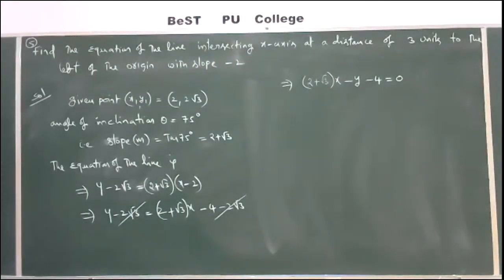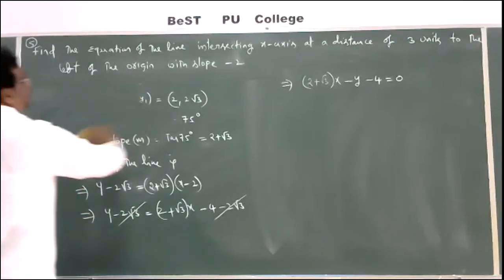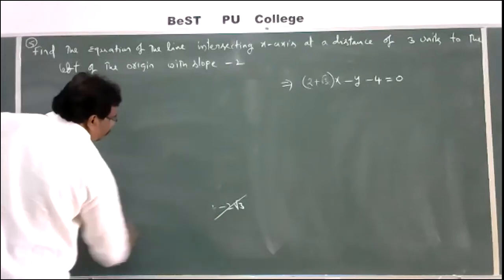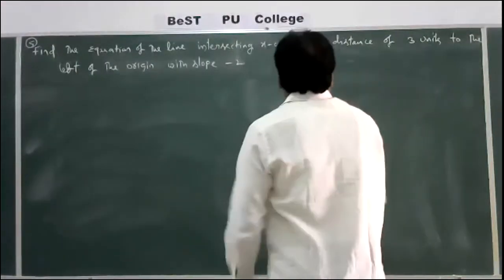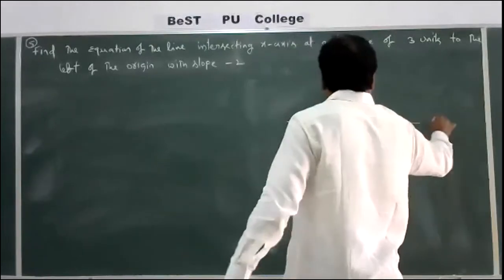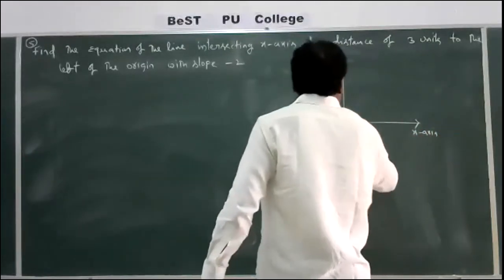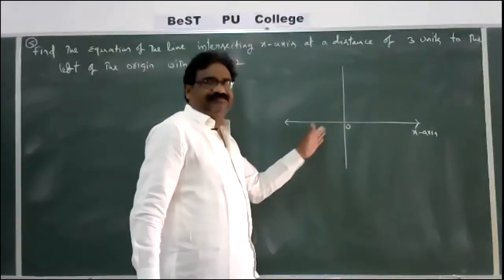This is the question. Find the equation of the line intersecting the x-axis at a distance of 3 units to the left of the origin. Just observe this figure. This is the x-axis, the origin. Origin left side is this way.